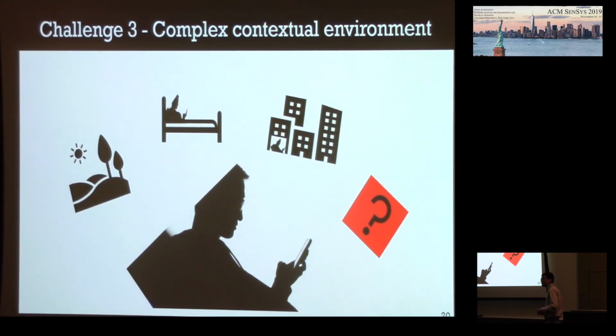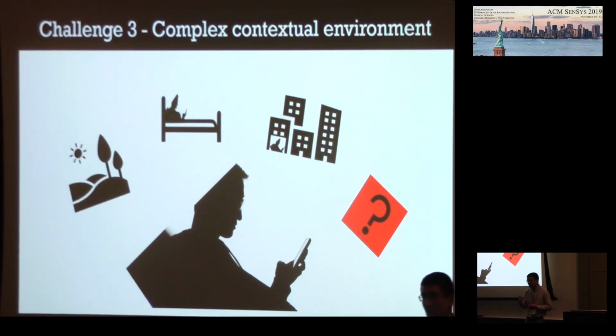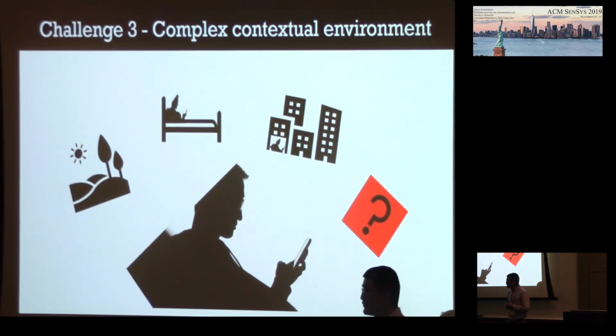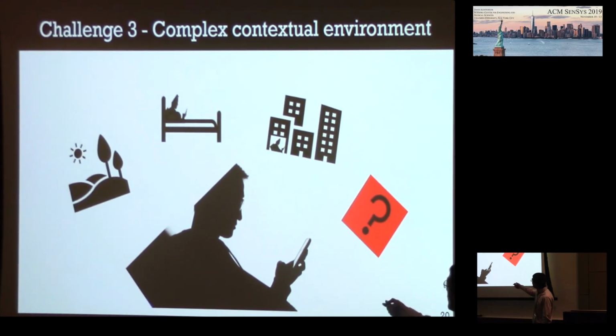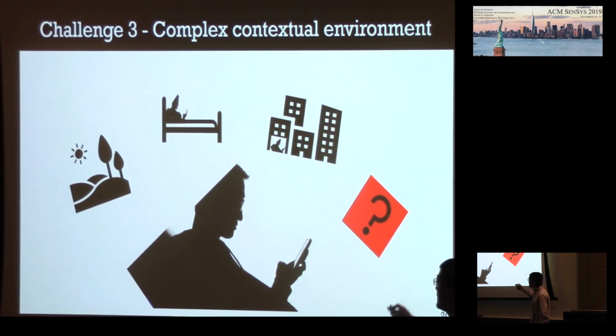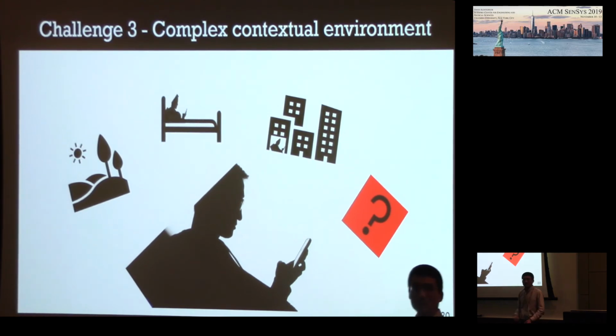Okay, now we have solved the fast prediction problem and the sparse training data problem. We still want to consider all the complex context information in the prediction. It is obvious that when the user is using an app, it is determined by the location, whether the user is at home, at work, or in a park.